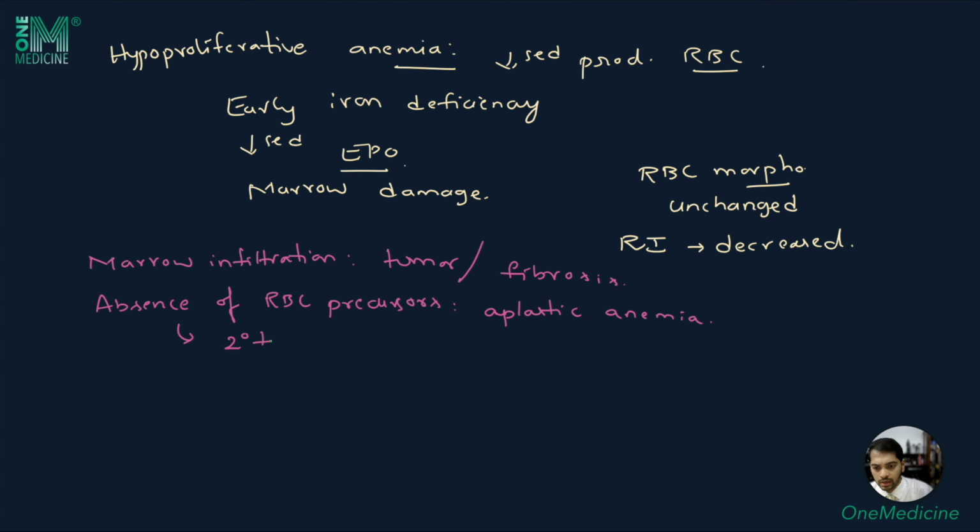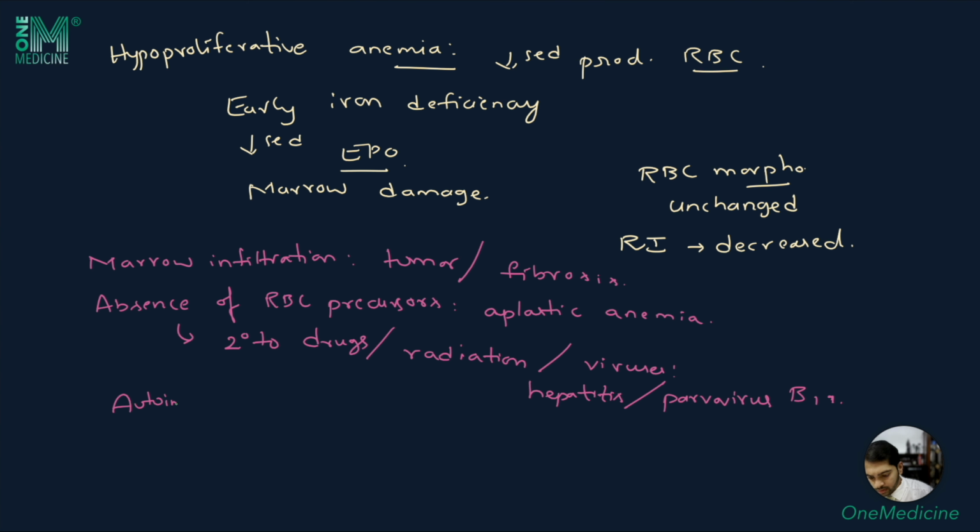This can happen secondary to drugs or radiation or viruses, including hepatitis or parvovirus B19. Marrow destruction can also happen because of autoimmune mechanisms or genetic variations, including Fanconi's anemia, or it can happen because of an acquired cause, such as in paroxysmal nocturnal hemoglobinuria.